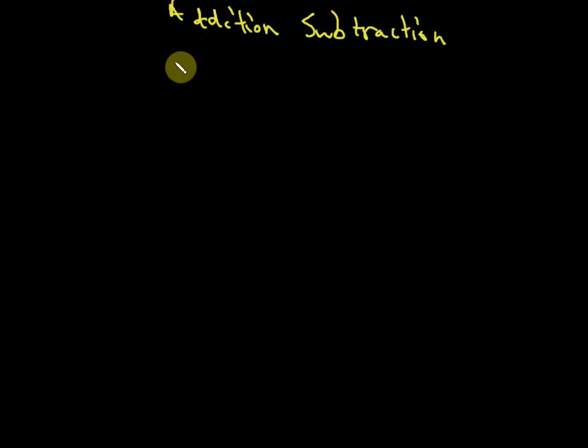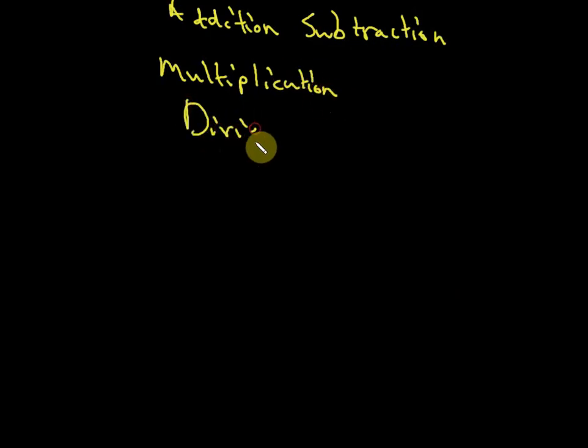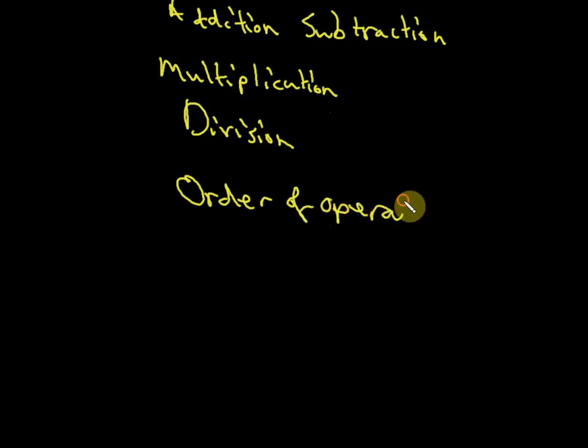But what's missing is the multiplication and division. These are the four operations we need to concern ourselves with, because that's going to lead us to order of operations, which should be the next lesson. I don't want to overwhelm you too much. And once we learn that, then we'll be getting close to the exponents.